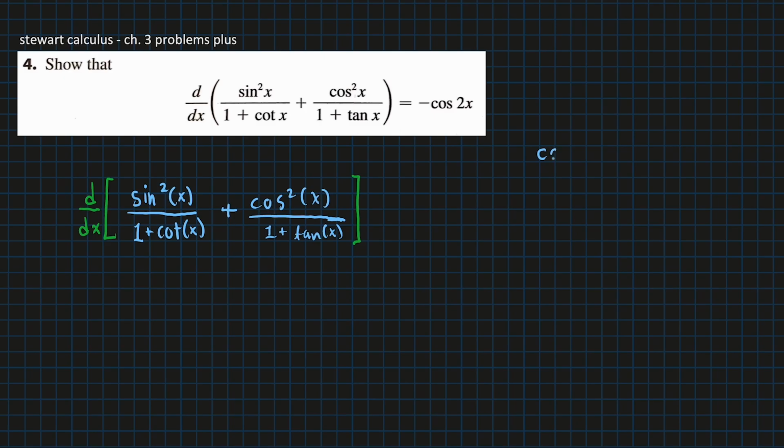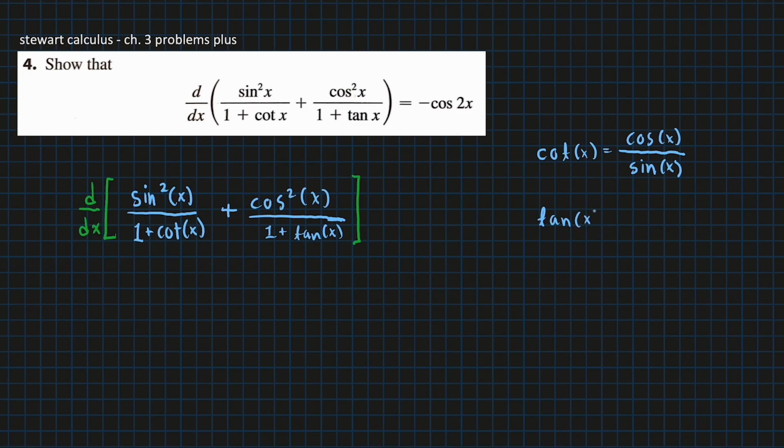One thing we know is that the cotangent of x is always equal to cosine of x divided by the sine of x. And we know that tangent of x is just the reciprocal of this.